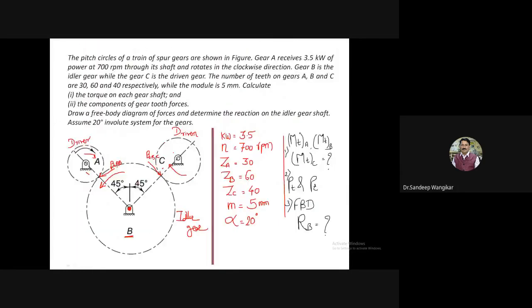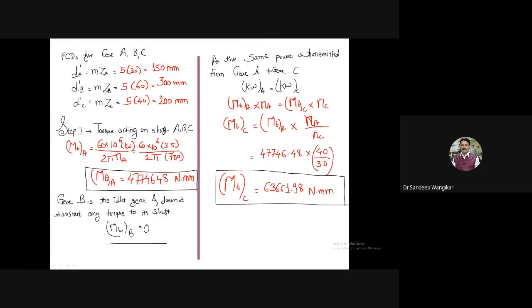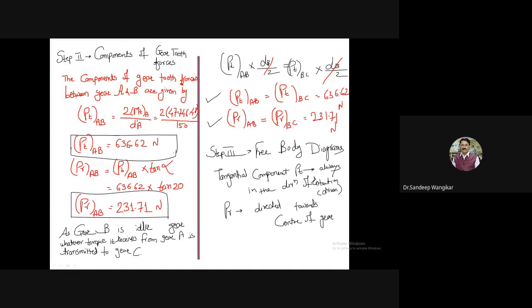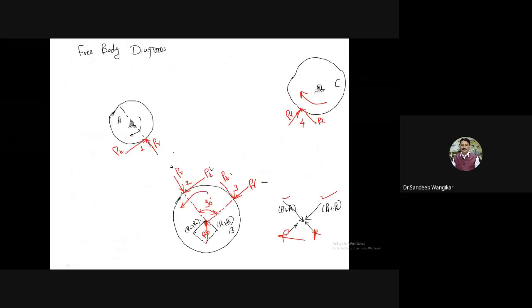So in this numerical, this is the problem given, and we first calculated the pitch circle diameters, then the torque acting on the shaft MTA, idler gear MTB and MTC. Then we calculated the components of gear tooth forces PTAB between A and B. Then we discussed how to calculate between B and C and how it is the same. Then we went for the free body diagrams, as shown in this figure.